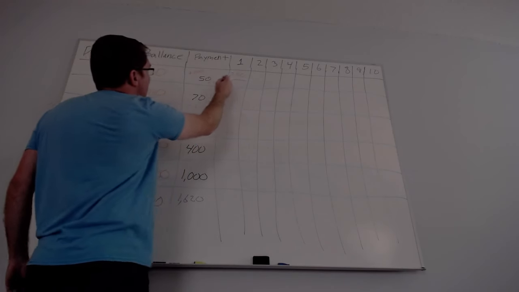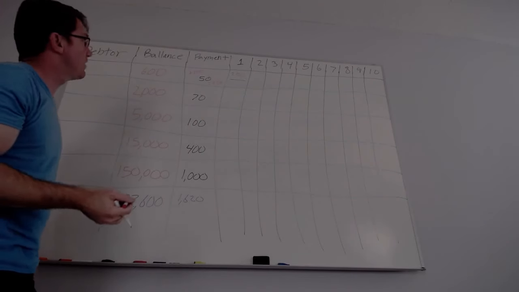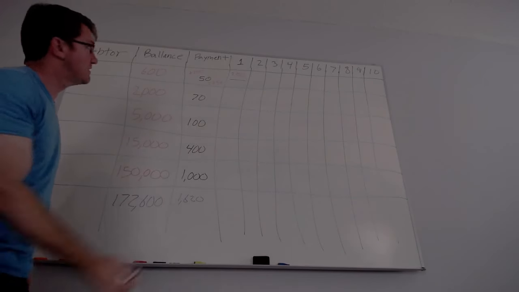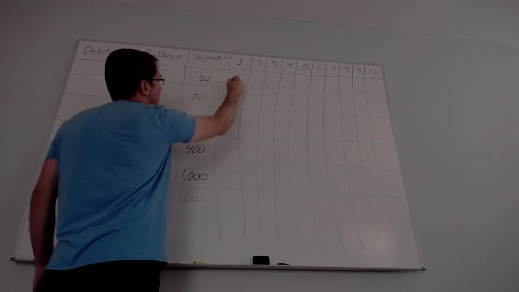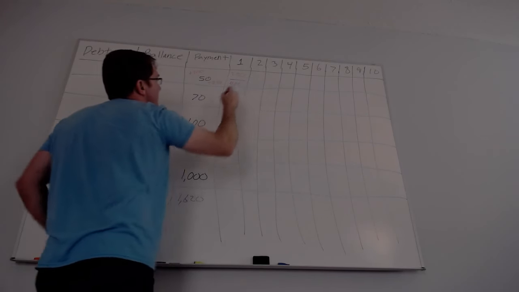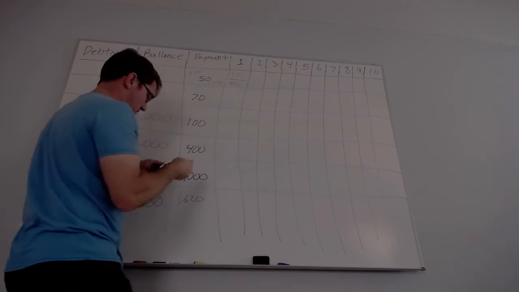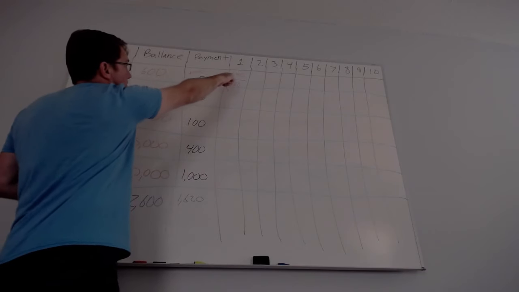Okay, and then now your balance was 600. You sent in 250. Really, probably $50 of that went towards interest. So maybe that's down to about 400 is your new balance this month. And then what you do here. Okay, so that gets added.